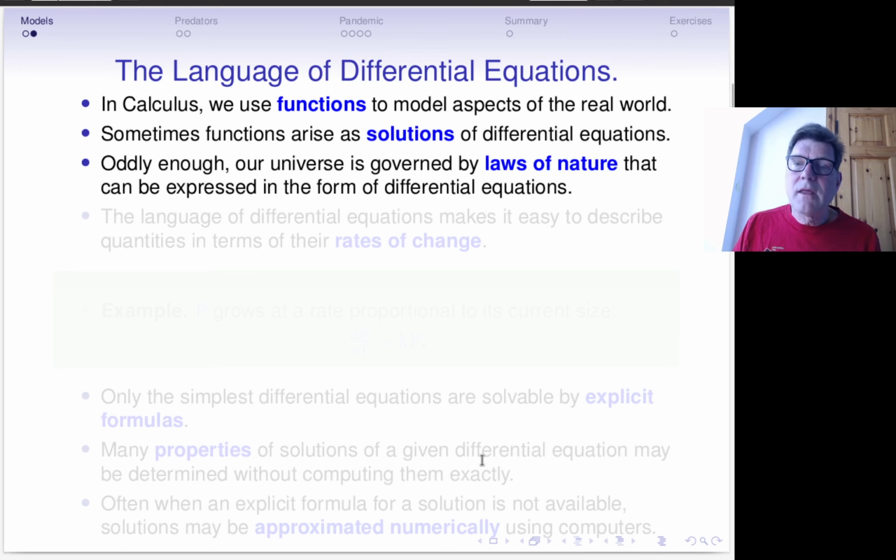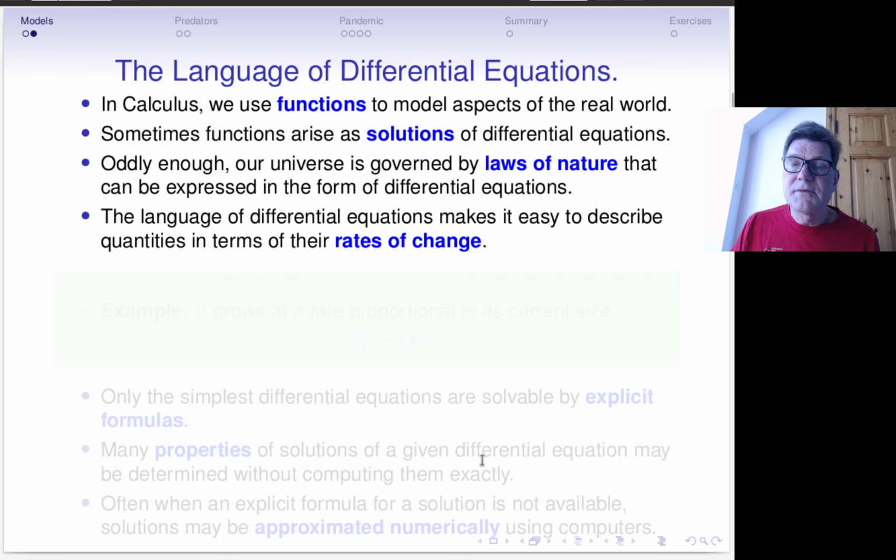This is an extremely powerful tool because, believe it or not, the laws of nature that govern our universe are of a kind that can be expressed in terms of differential equations.